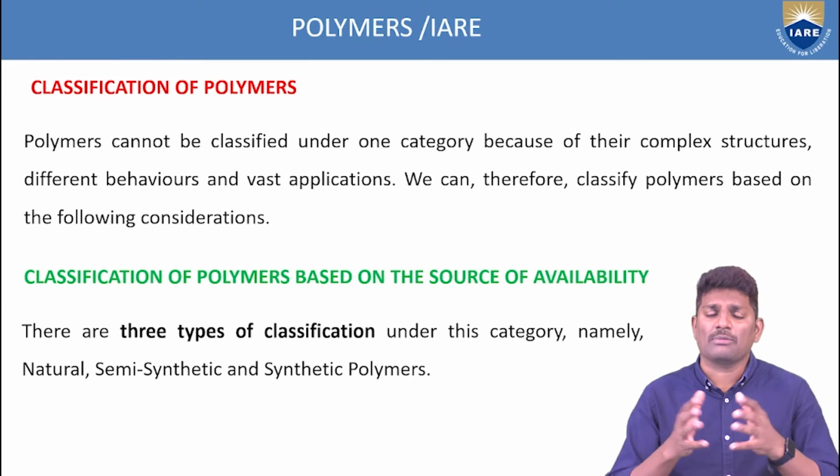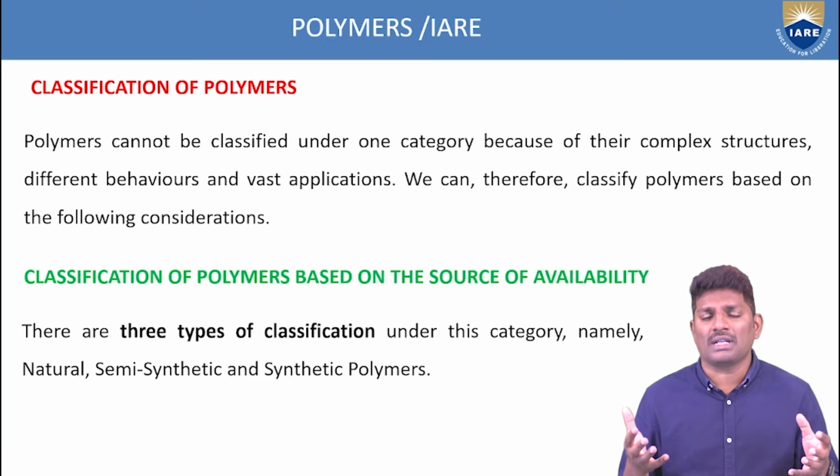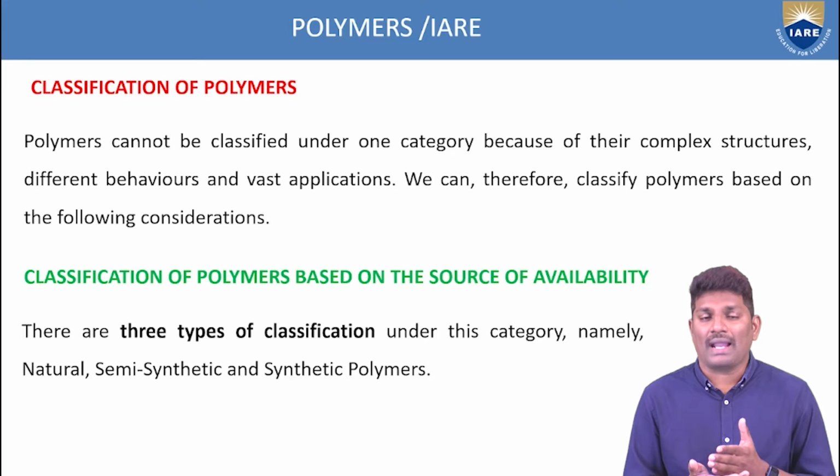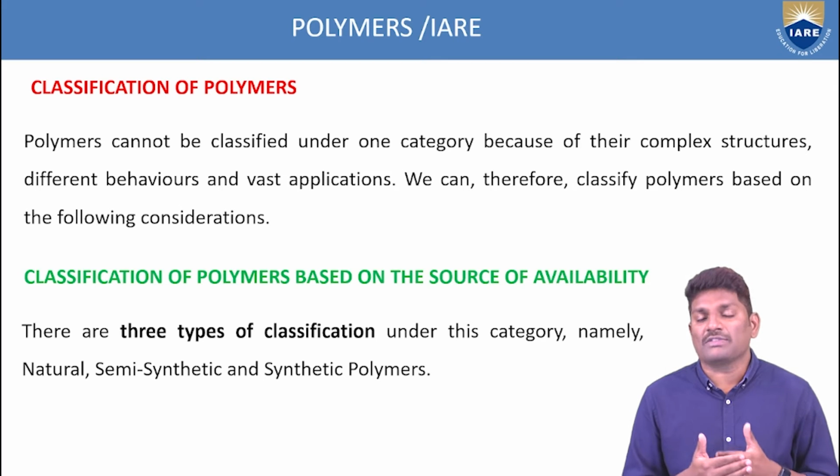Since it has many types of parts, it is not that easy to classify these polymers, because it has n number of different elements or parts. That's why it is not categorized in one category. So based upon the availability or the type of nature, we classify them.